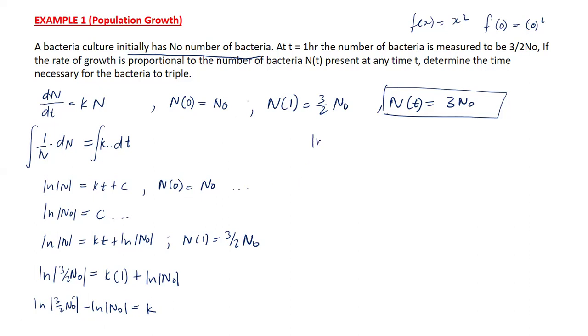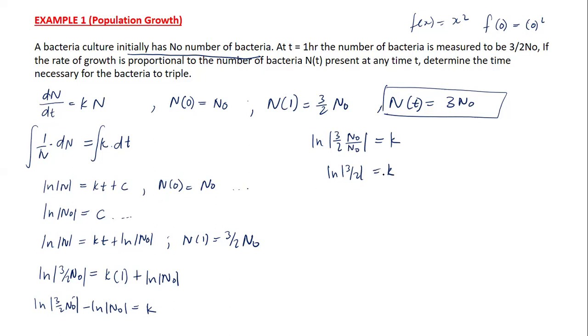So here we're going to have ln of 3 over 2 n naught divided by n naught equals k. This is the law of logs. This cancels that. And then on this side, you're going to have ln of 3 over 2 is equal to k. Now this is the constant k. Constant k is equal to ln of 3 over 2.